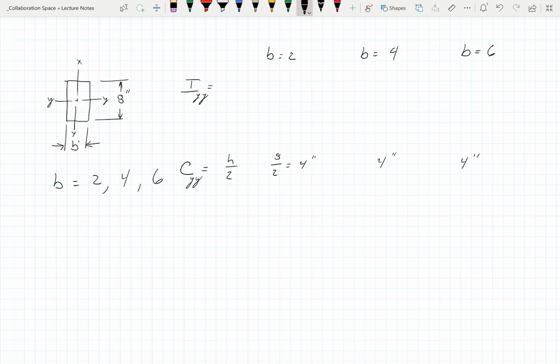Okay? I for this, base times height cubed over 12. And the first one's going to be 2 times 2 squared over 12. Going to equal what?